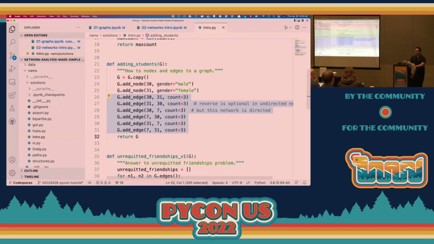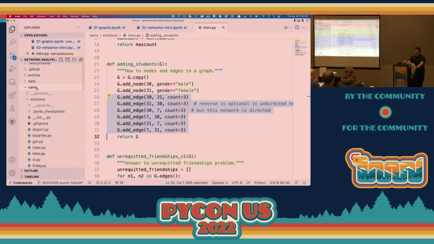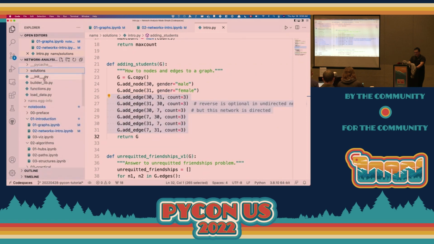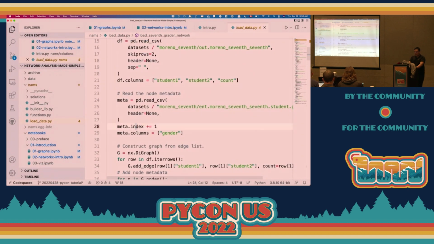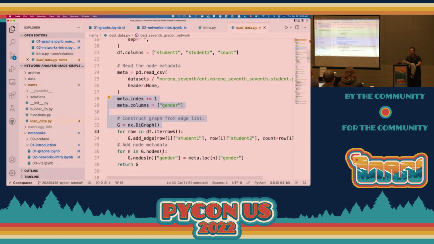And if you are really curious, go to the NAMS directory, then go to loaddata.py, and you will see how a lot of these graphs are created. They give you an example of how you can create graph objects from predefined text files, CSV files, et cetera. All right?